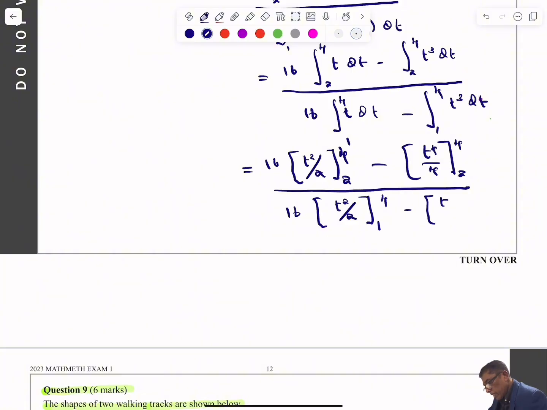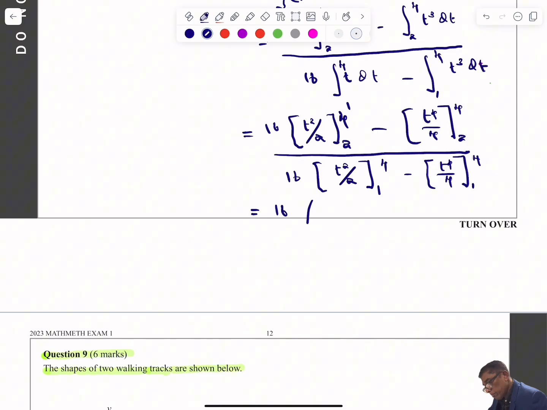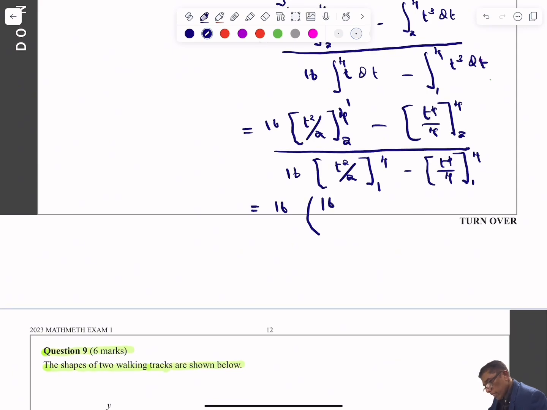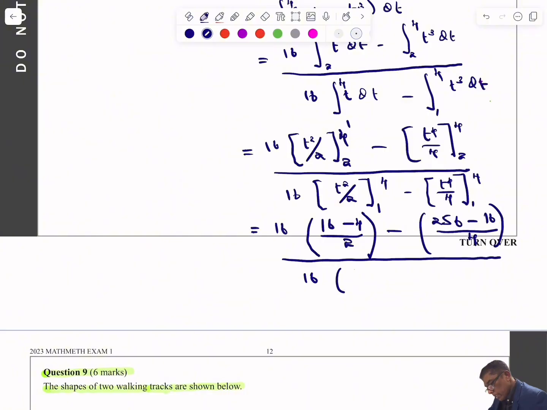If we substitute, 16 minus 4 divided by 2 minus 256 minus 16 over 4, divided by 16 times 16 minus 1 over 2 minus 256 minus 1 over 4.